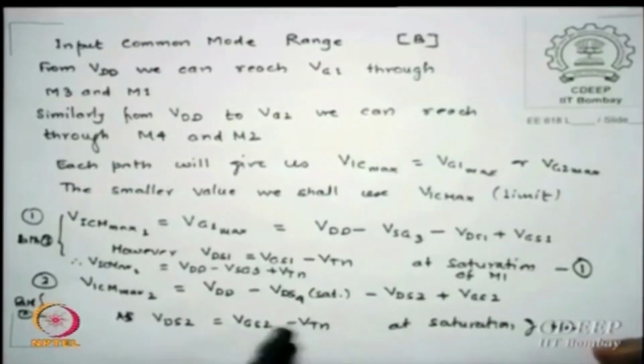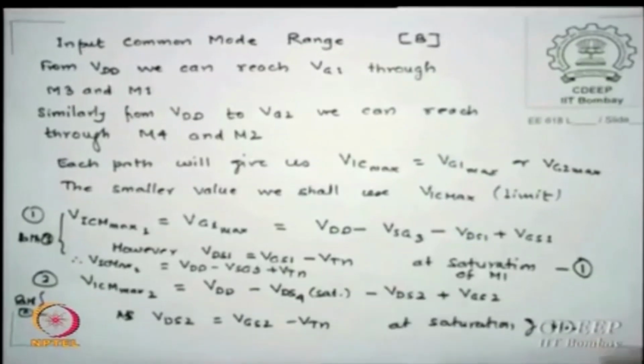So I substitute this VDS2 here. Magnitude wise, you are right, subtract VSD by 2, but it does not matter as far as the p channel device, everything is in the opposite sense.